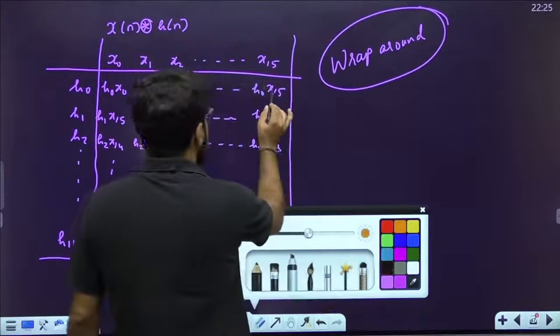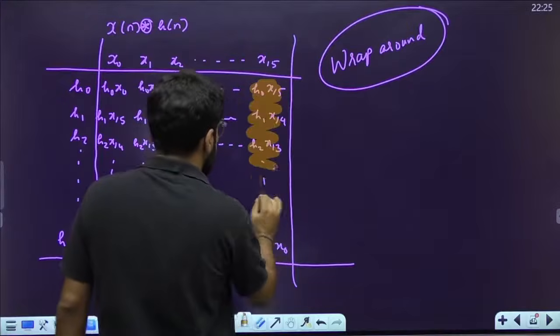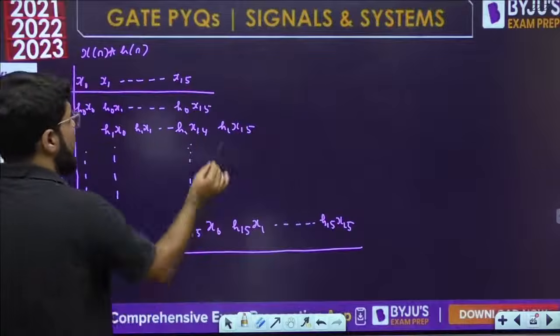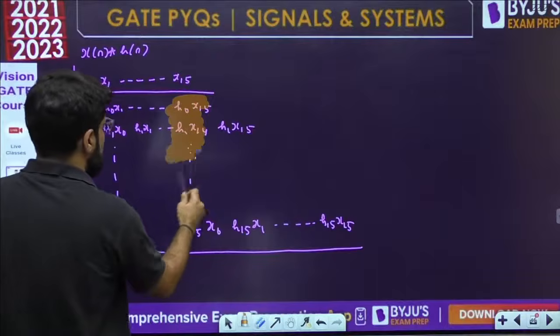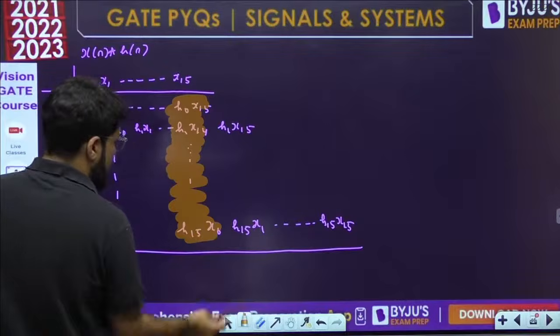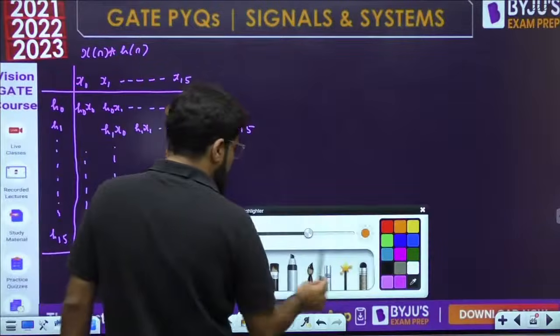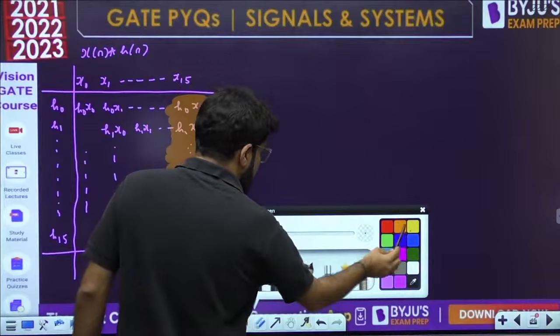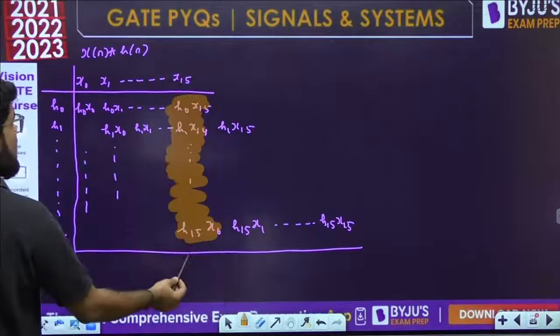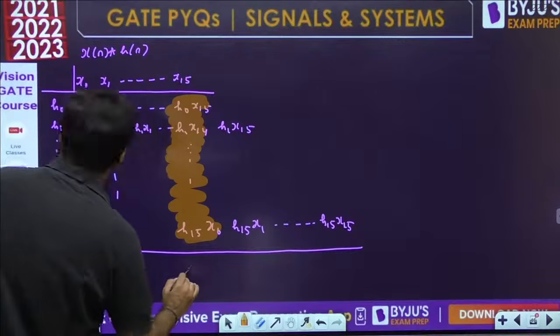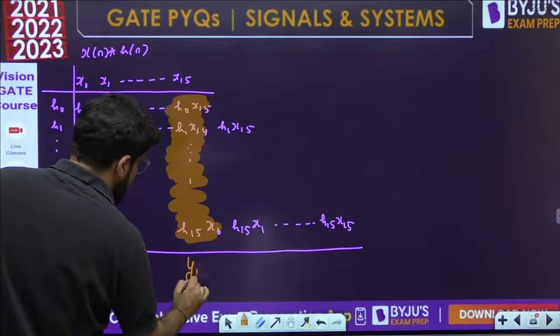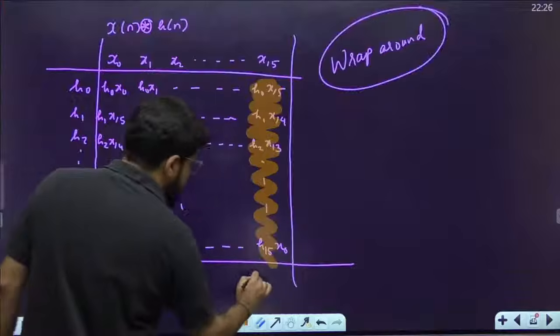You just have to focus on this particular column, this result and this particular result. What is this value corresponding to? This is the 15th from the beginning, so this is y15 and here this is z15.